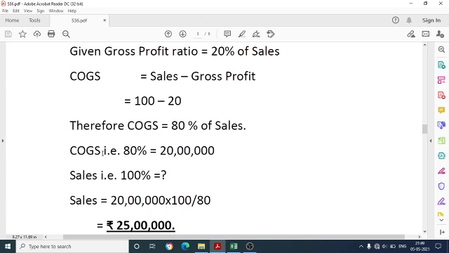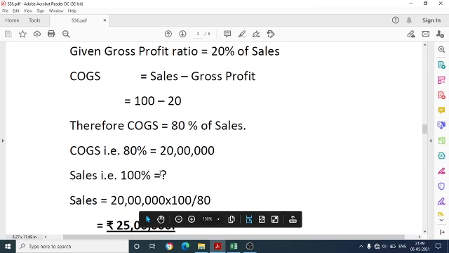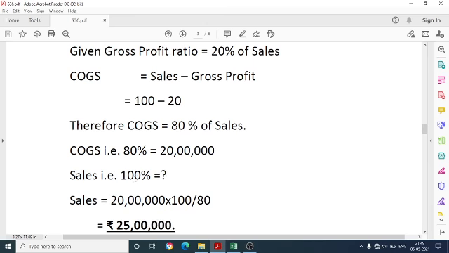Now the equation we will draw, take a cross multiplication. If 80%, that is cost of goods sold, is 20 lakh, sales 100% how much? So cross multiplication ಮಾಡುವಾಗ ಏನಾಗ್ತದೆ 20 lakh multiplied by 100 divided by 80. ಅದರ ಬದಲು ನೀವು ಇನ್ನೊಂದು ರೀತಿಯಲ್ಲಿ ಸಲ ಕ್ಯಾಲ್ಕುಲೇಷನ್ ಮಾಡಬಹುದು. ಹೇಗಂದ್ರೆ, already you achieved 80%, correct?